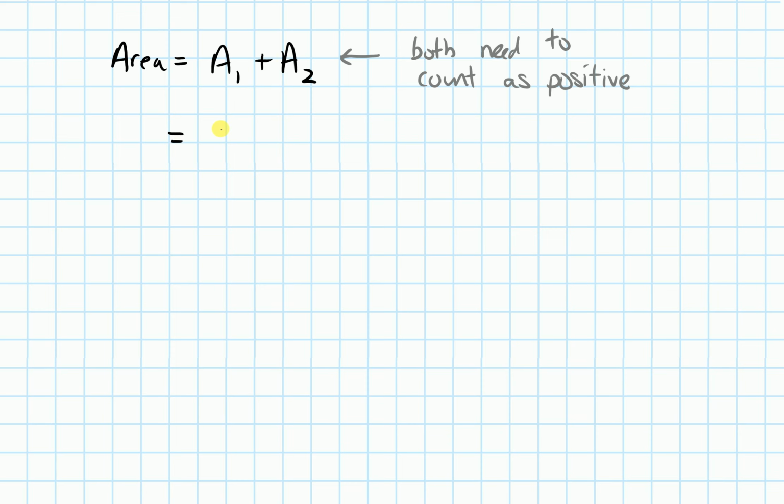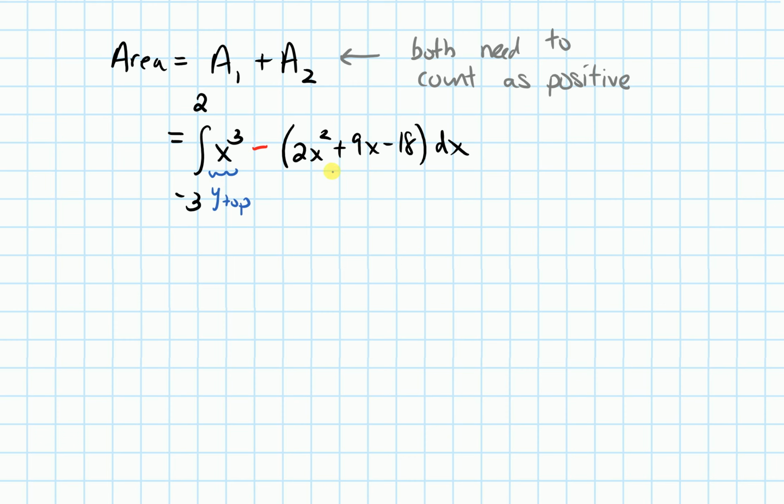Okay, so I'm going to need a separate integral for each region. For A1, my interval would go from -3 to 2, and the top function on that first region is x cubed, minus the bottom function on that region, that parabola, 2x squared plus 9x minus 18, dx. So the x cubed was the top function, and this quadratic was the bottom function.